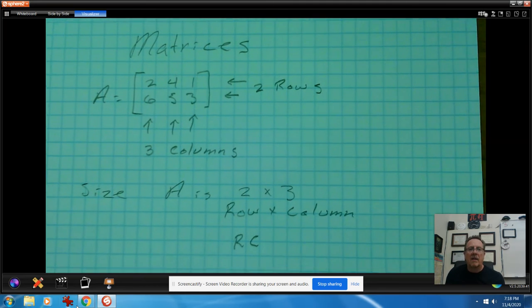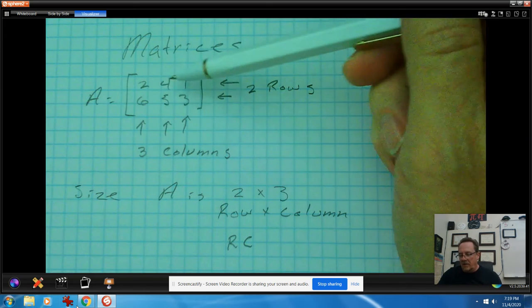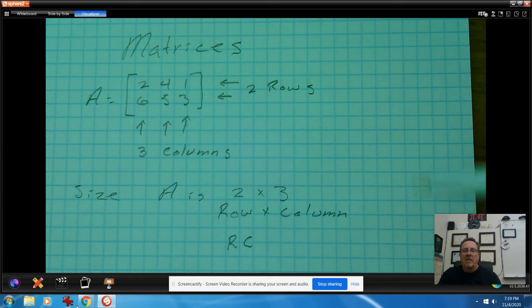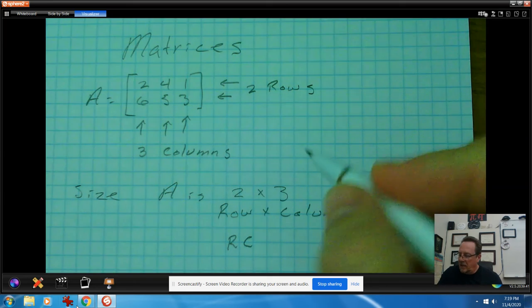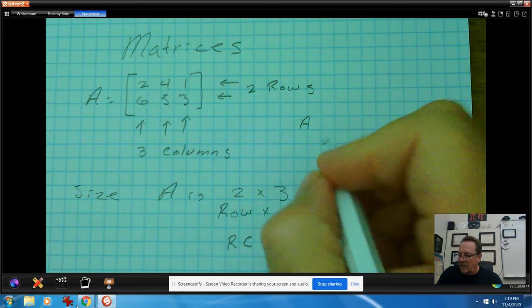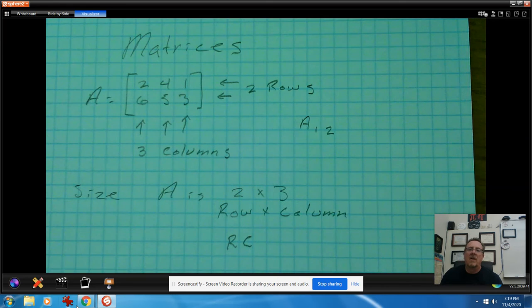Okay? We can talk about the numbers that are inside the matrix and refer to them by their positions. So, for example, if I said, what number is in A1,2, I'm not talking about position 12.